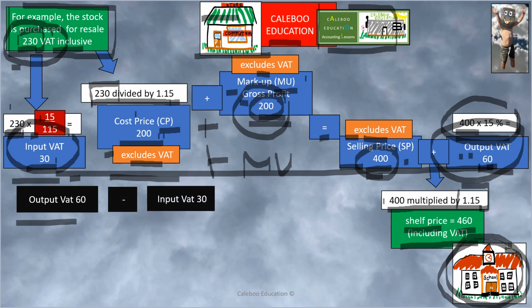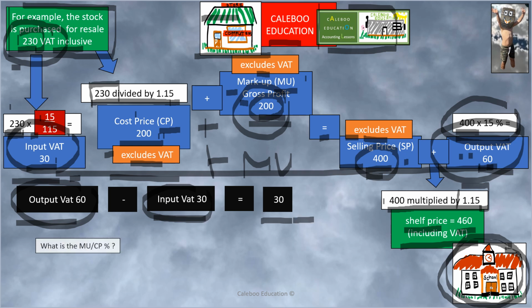And if I take off the input VAT, which we calculated right in the beginning, it was 30. So what is owed to the revenue services? 30. Looking at this transaction in isolation, if we had to do a VAT return, we'd say output VAT less the input VAT is equal to 30.